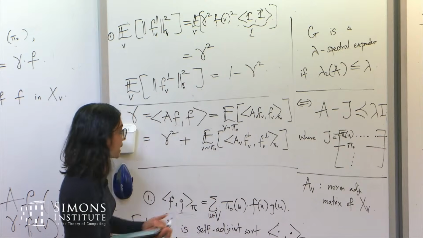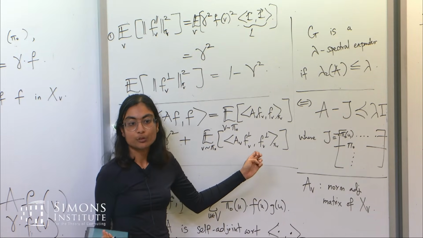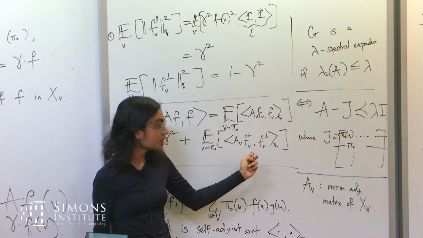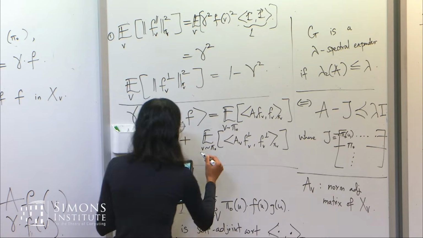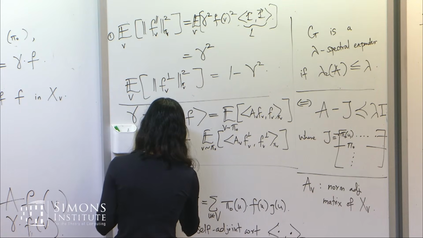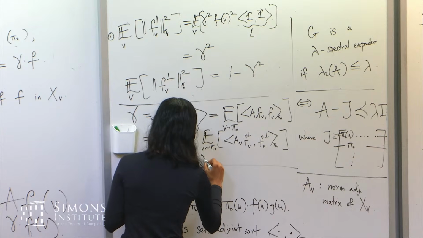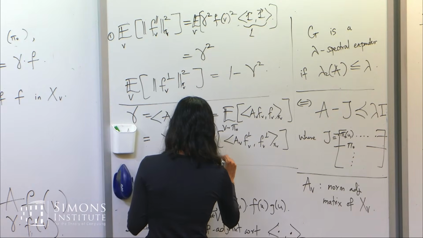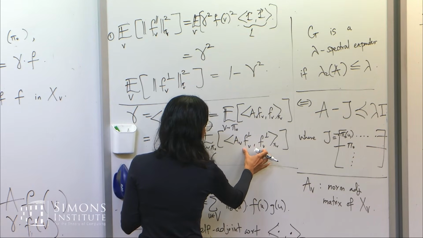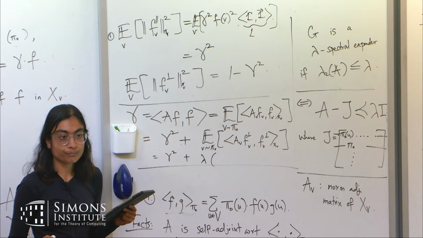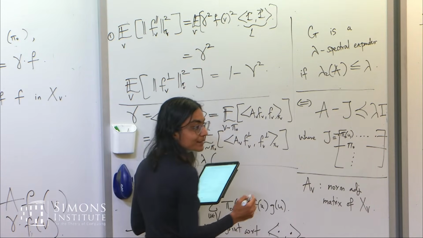But now we know that all the links have eigenvalue at most lambda. So this is going to be at most lambda times the norm of F_V perp. Sorry?